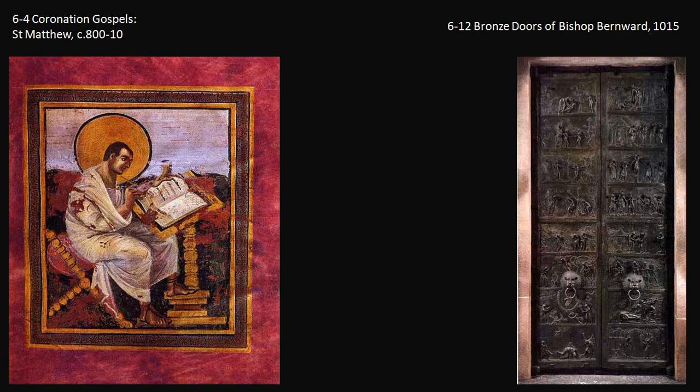The power of the Holy Roman Empire began to wane almost immediately after, at the very end of the Ottonian dynasty. It has to do with the fact that there was always a question about who answers to whom in politics.